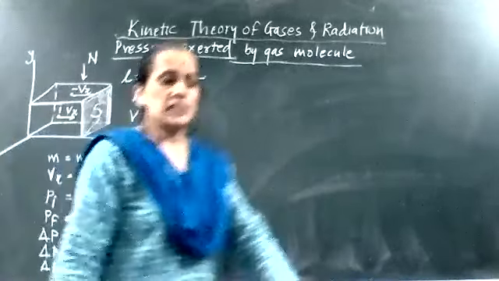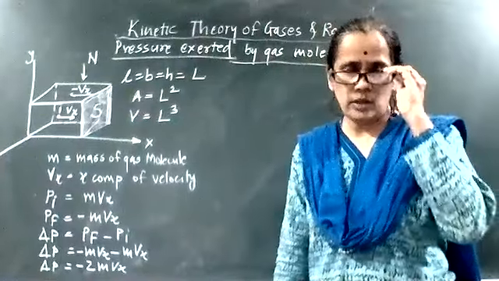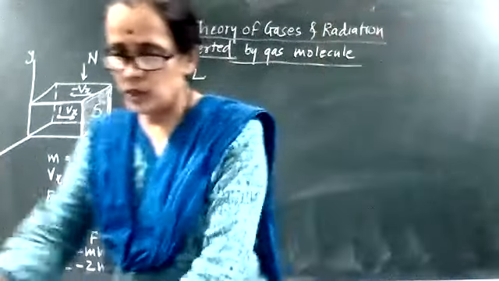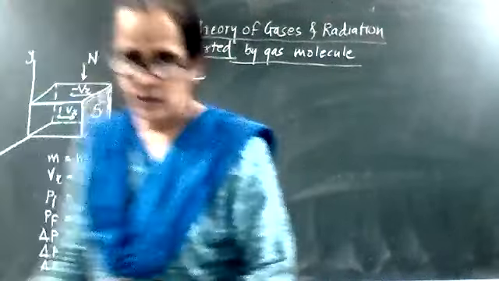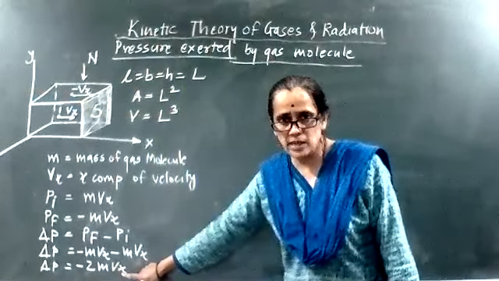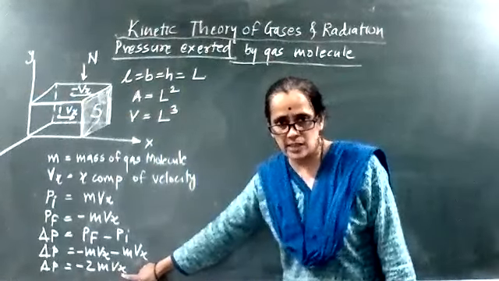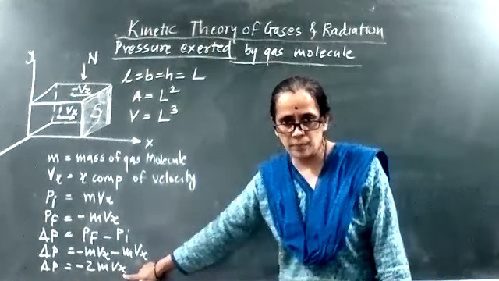This is the change in momentum of a gas molecule. Right? Now, the change in momentum is minus twice mvx, which is the change in momentum of a gas molecule.